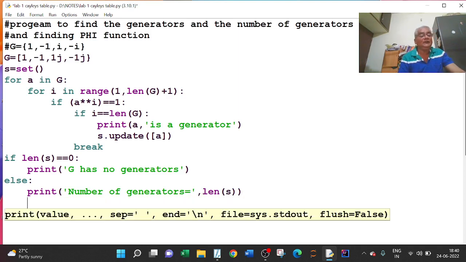Okay, now we found the generators up to here: what the generators are, and the number of generators.